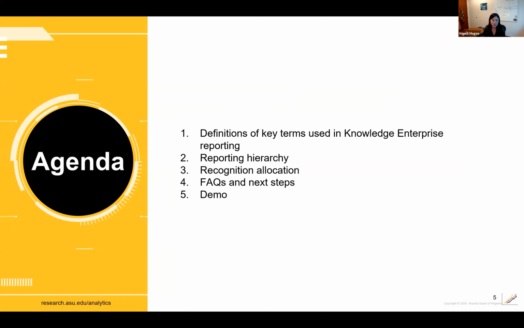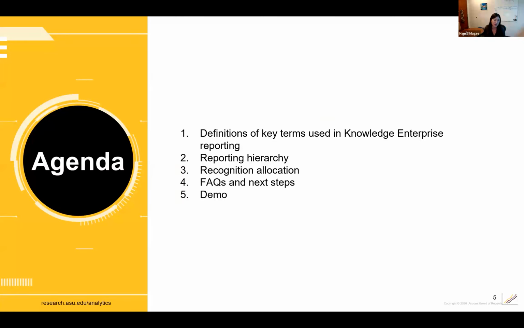I am going to introduce you to some of the key terms used in our reporting. I am going to presume that most of you have really no experience in sponsored research, so you might not even know what the word research means or the word sponsored means, but all of you are very familiar with data. So you know that data terms have very nuanced meanings.